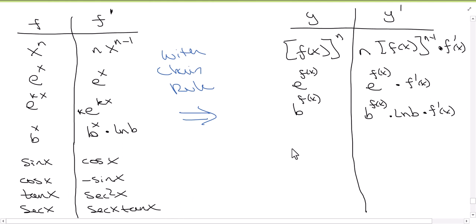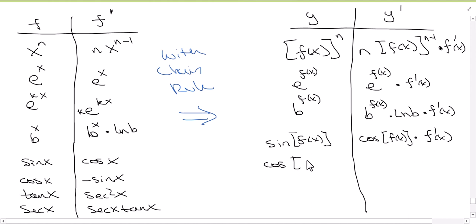And then going into our trig functions, if you have sine of stuff, so now I'm being actually technical, sine of f of x, then the derivative of this will be cosine of the inside left alone, f of x, times by chain rule the derivative of that function, and so on.